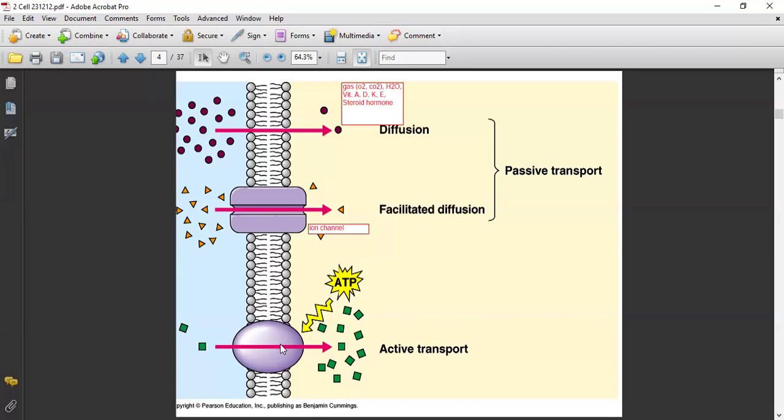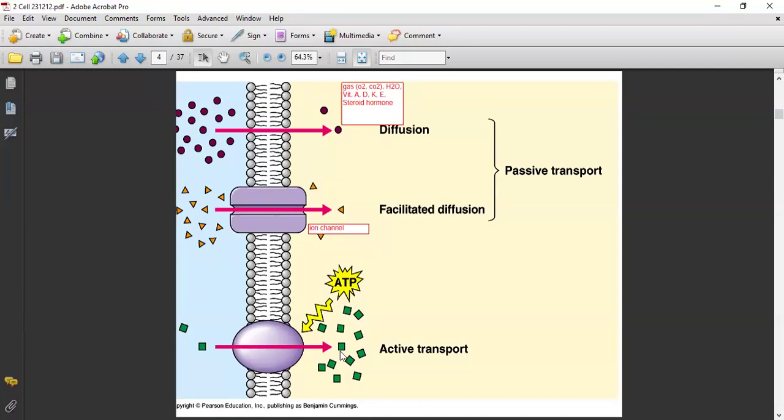It can use energy, it uses ATP, the energy fuel of the cell, to pump. Just like your pump, you have to plug it into an electric outlet so you have the energy to do things, to push things.